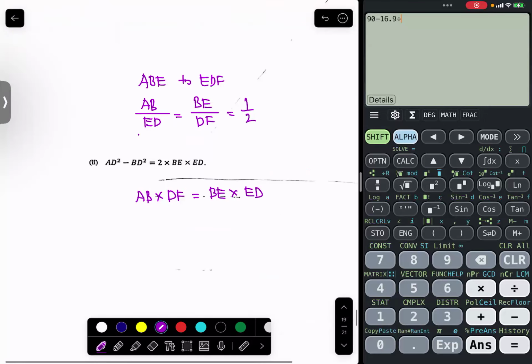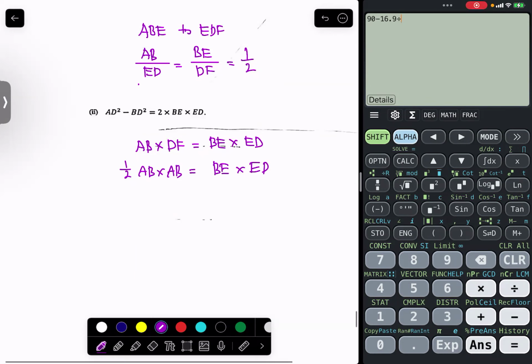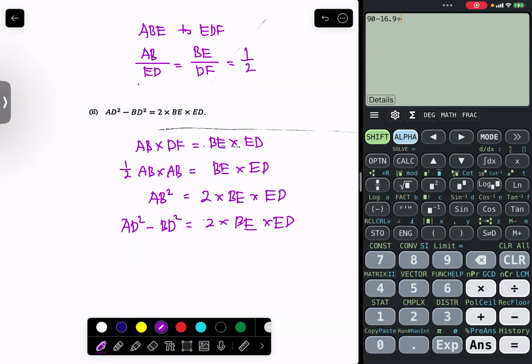So we'll have half AB times AB equals to BE times EB. Oh my God, I'm such an idiot, right? So AB squared equals to 2 times BE times EB. And AB squared is actually equals to AD squared minus BD squared equals to 2 times BE times EB. So it must be triple. Okay, that's all. Sure.